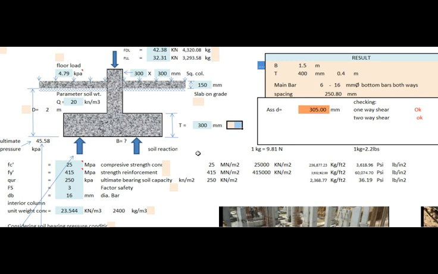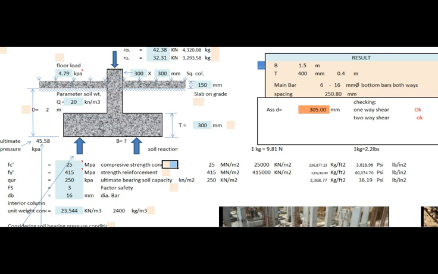Assume the thickness T is greater than or equal to 300 millimeters. The compressive strength of concrete varies from 2500 psi, 17 MPa, to 4000 psi, 28 MPa, and higher in residential and commercial structures.